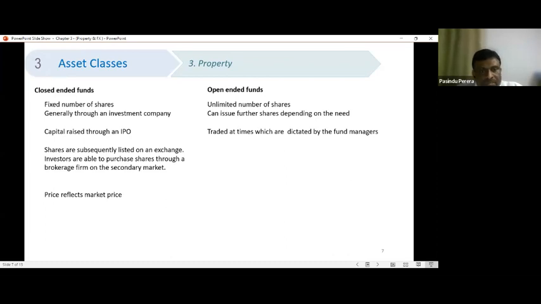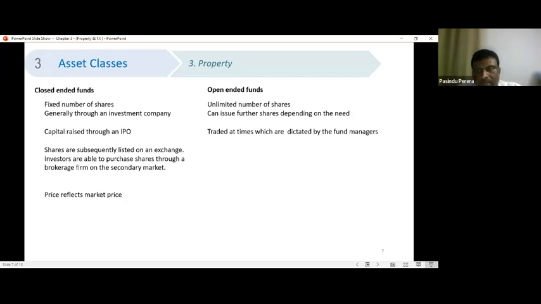The shares are subsequently listed on the exchange, so through the exchange you can sell those shares, and someone can buy them. Investors are able to purchase shares through a brokerage firm on the secondary market, like how you buy shares. So you can buy and sell the shares of this close-ended fund through stockbrokers.